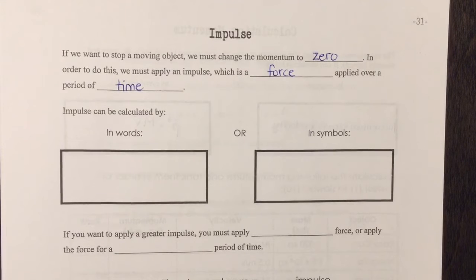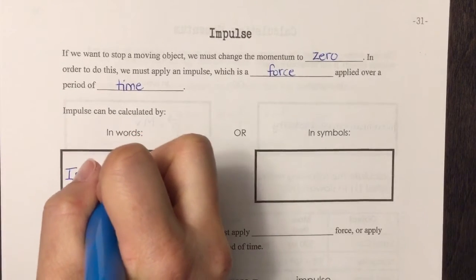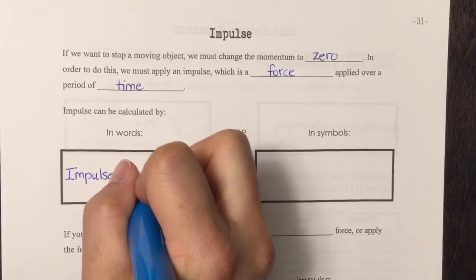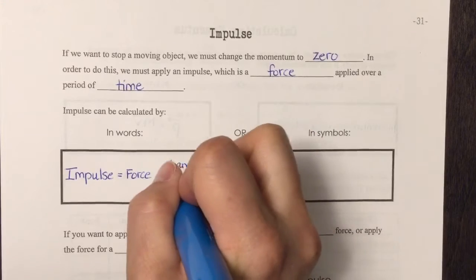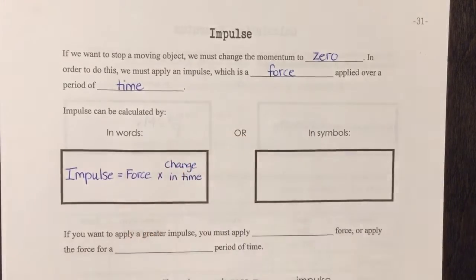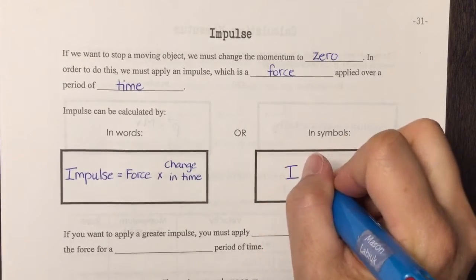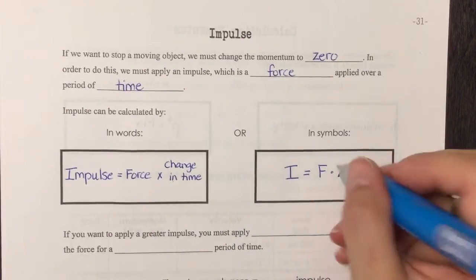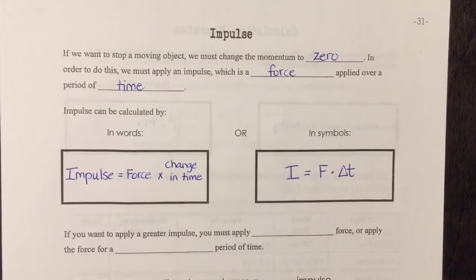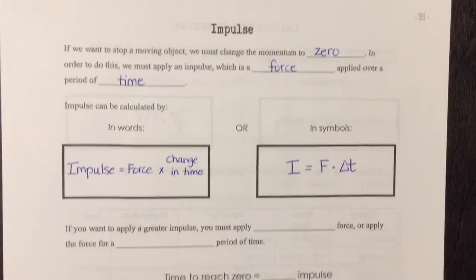Impulse can be calculated by force times a change in time. Or the equation is I equals F times, and remember change in was delta and time is t. So a change in time multiplied by the force gives us the impulse.